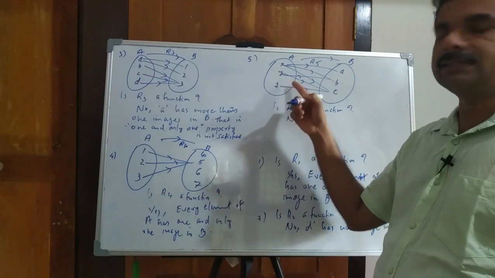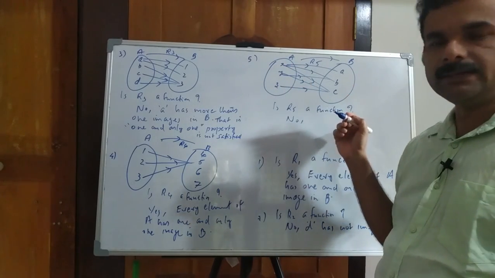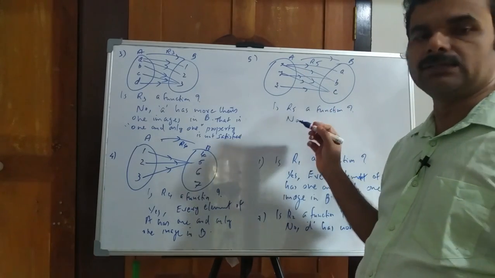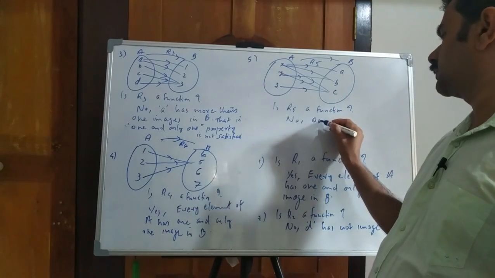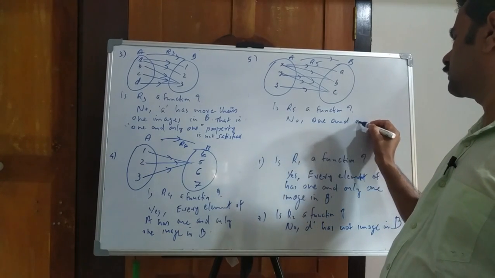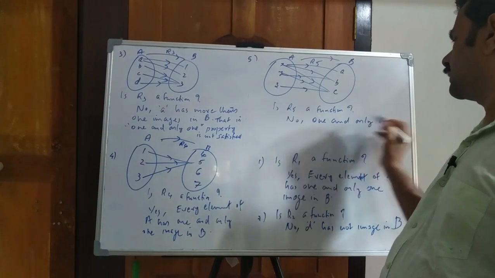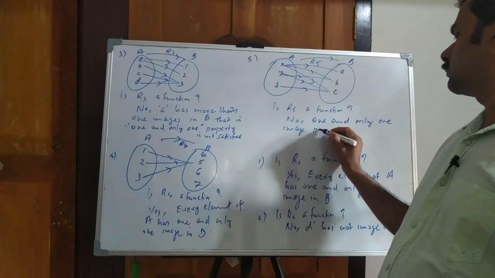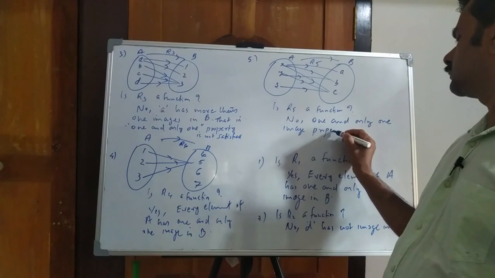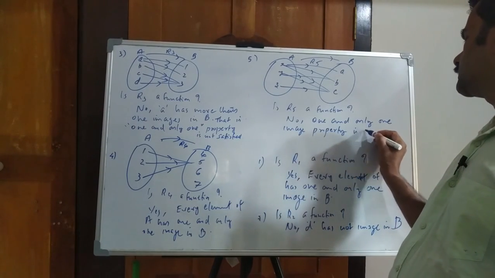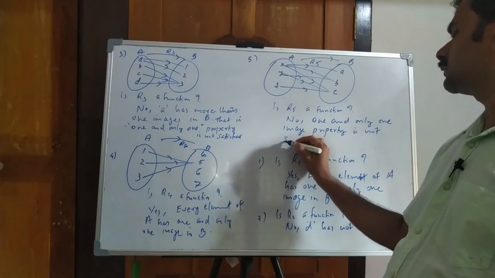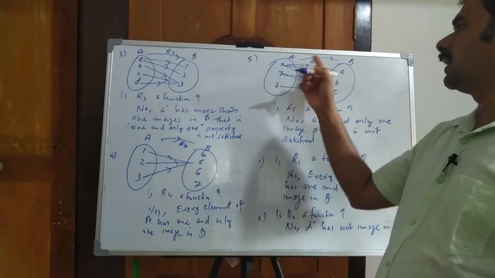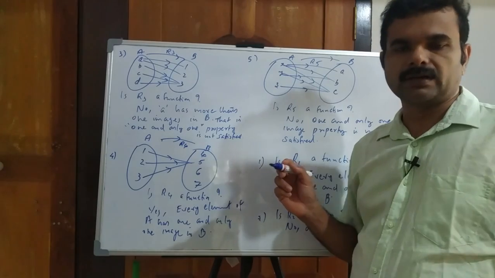Every element is connected with the elements of the set B, but the one and only one image property is not satisfied. Therefore, R5 is not a function.